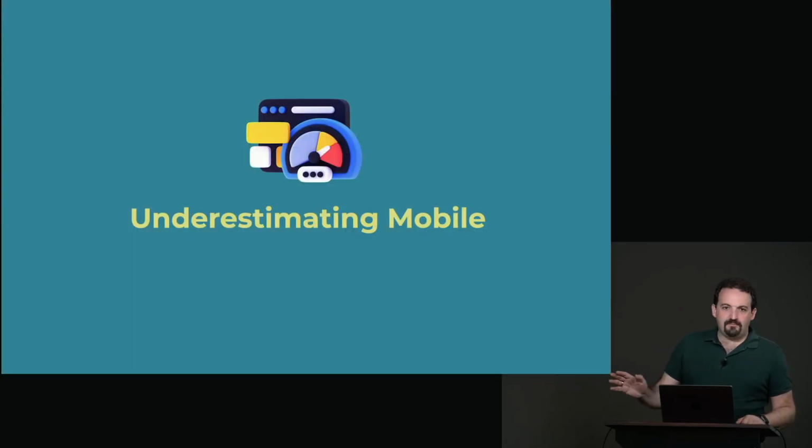Another problem, and we're still talking about problems, not solutions, is how we typically underestimate the mobile space. And that's not new. We have been underestimating the mobile space for a while. I know that because I've been focusing on the mobile web since 2003, 2004, so before the iPhone.